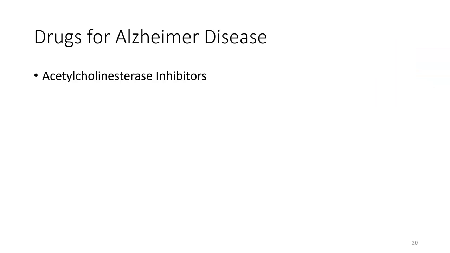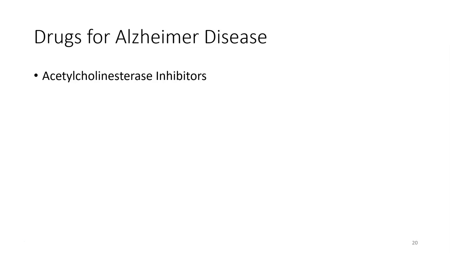The most commonly used drugs to treat Alzheimer's disease include the acetylcholinesterase inhibitors. This is a long word. We sometimes take off the acetyl and just call these cholinesterase inhibitors. But what it does is it stops an enzyme called acetylcholinesterase or cholinesterase, which breaks down acetylcholine.